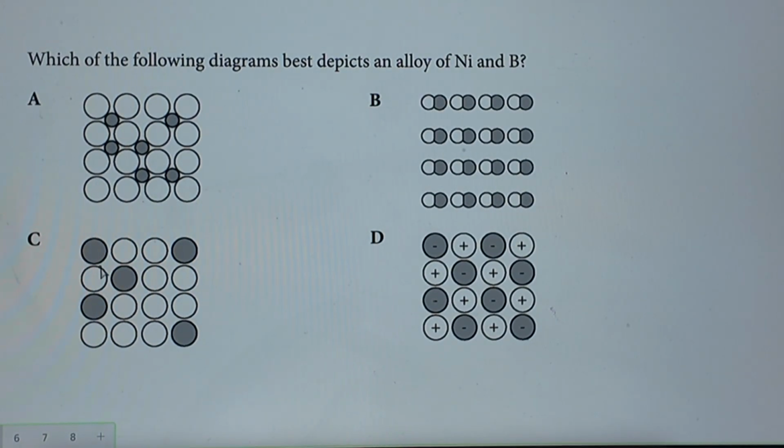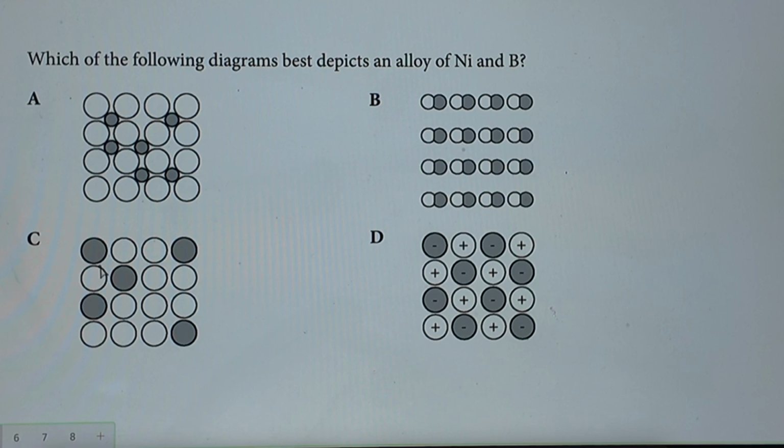Which of the following best depicts an alloy of nickel and boron? Now, if I look at my periodic table, nickel, gotta find it. Nickel is Ni, I believe. Yeah, nickel is much larger. It has 2 additional, possibly 3 additional rings.